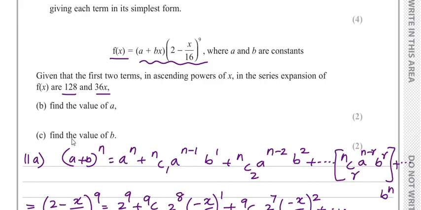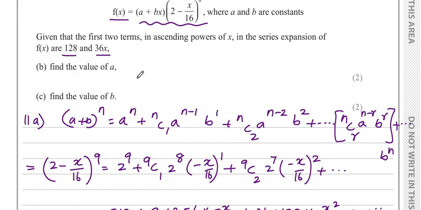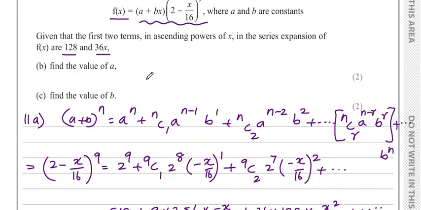Therefore, find the value of a and the value of b. We already know the expansion of (2 minus x over 16) to the power of 9. If we put a plus bx times that, you get 128 and 36x. So you need to read through and derive the value of a.